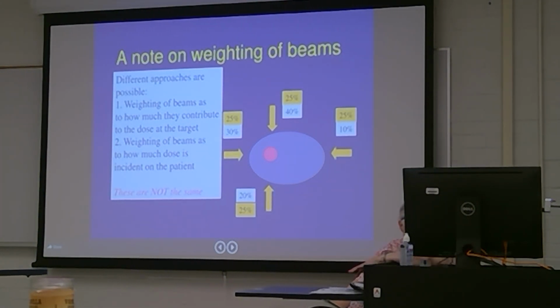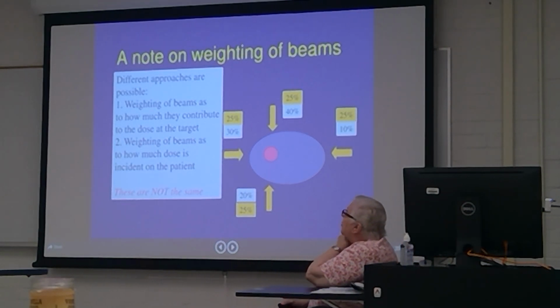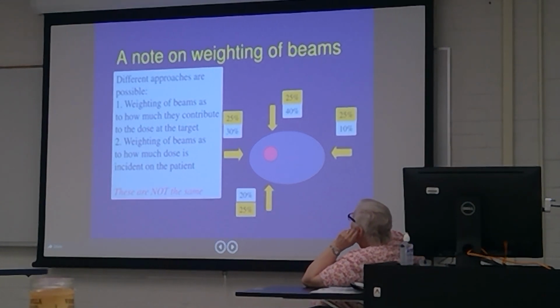So weighting of the beam as to how much they contribute to the dose at target. Weighting of the beam as to how much dose is incident on the patient. These are not the same.